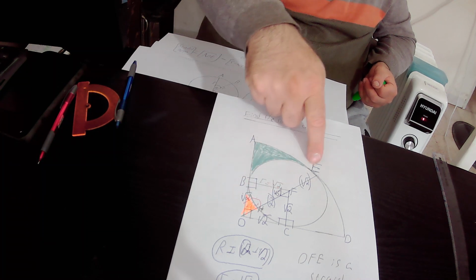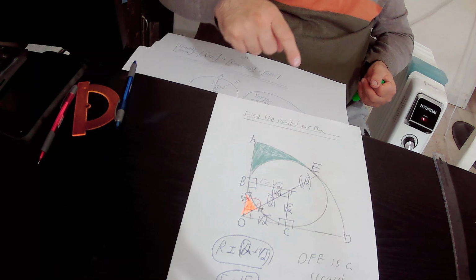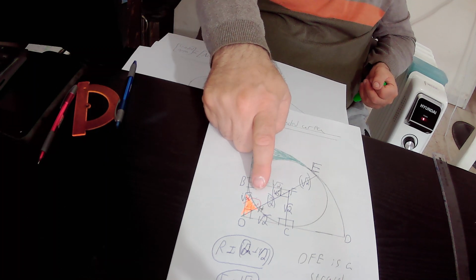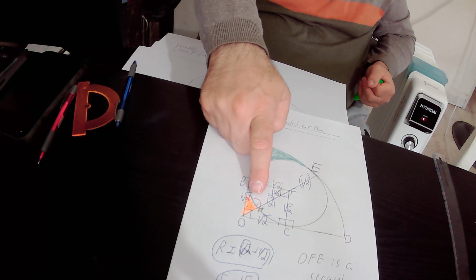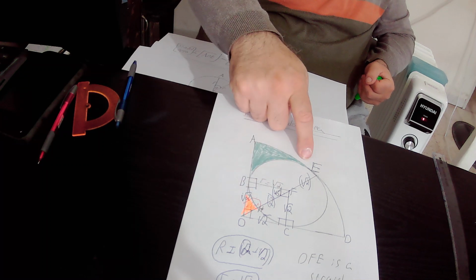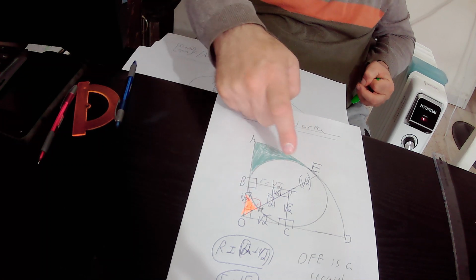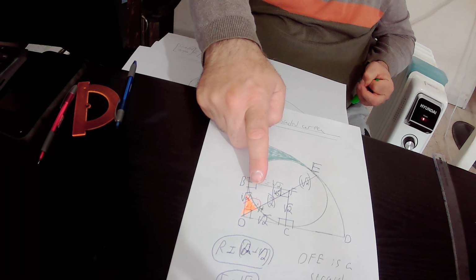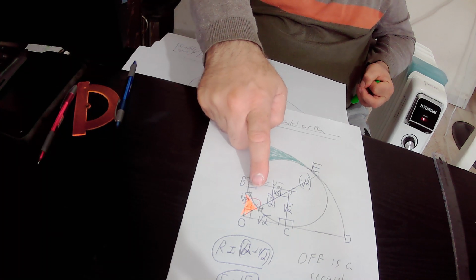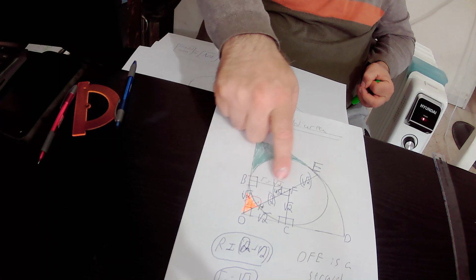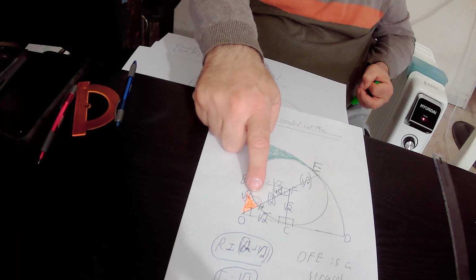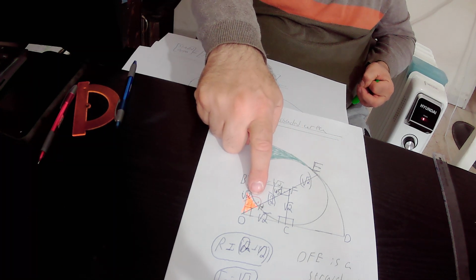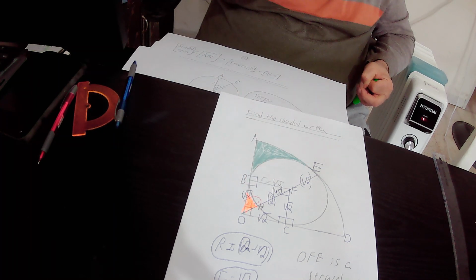So edge E is a straight line that touches the circle at points edge and E. And any straight line that touches the circle at 2 points must be defined as a chord. Therefore, edge E is a chord because it touches the circle at point edge and E.